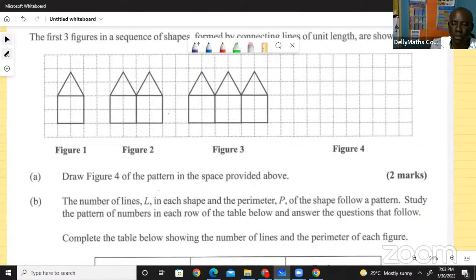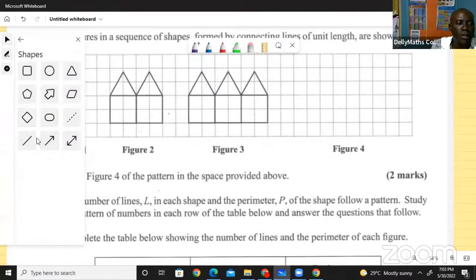All right. So let's look. In my mind now, we're going to get 4 of these. So I'm going to just draw it quickly. 1, 2, 3, 4.